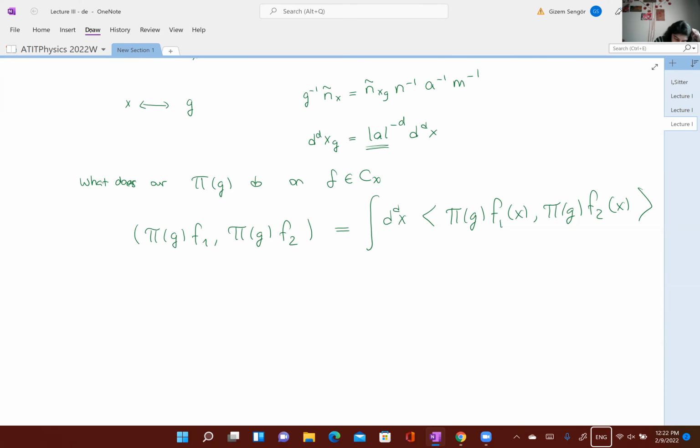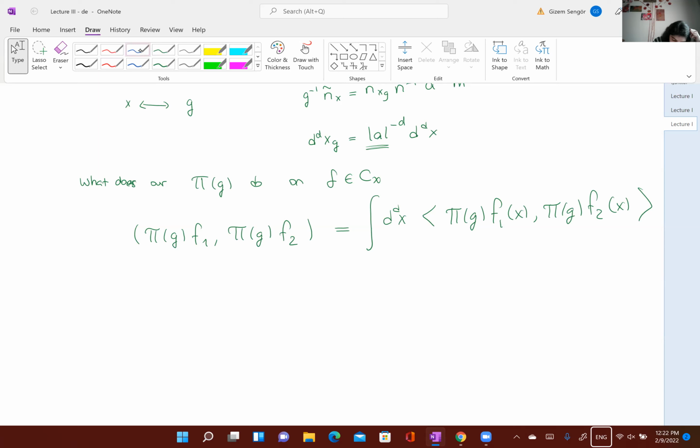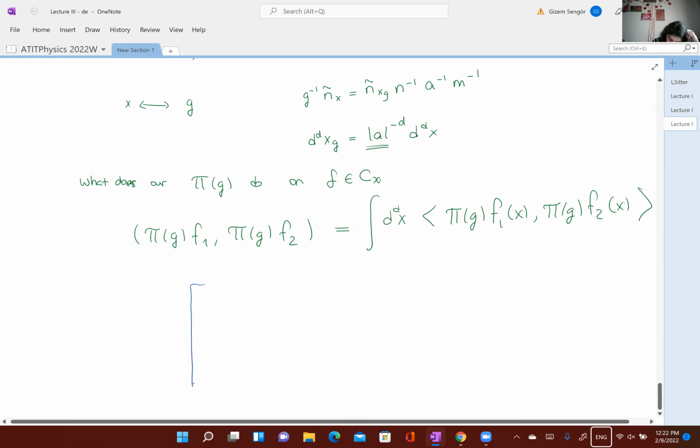Now, what do we know about the representation acting on the functions? We know how it acts on a general group element. It acts like this, but we kind of want to understand how it will act on R^D, so on x, on the axis, on the coordinates.